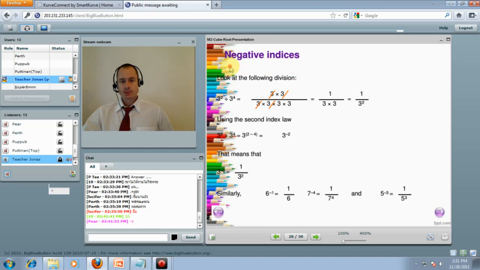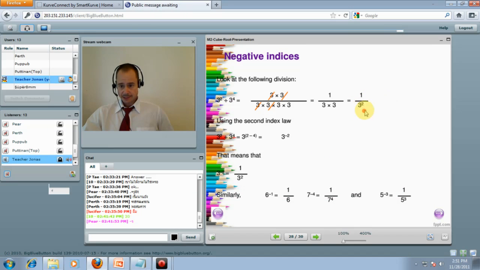Okay, sometimes you get negative indices. If you have 3 to the power of 2 divided by 3 to the power of 4, then you get 2 minus 4, that is minus 2. So here 2 minus 4 is minus 2.